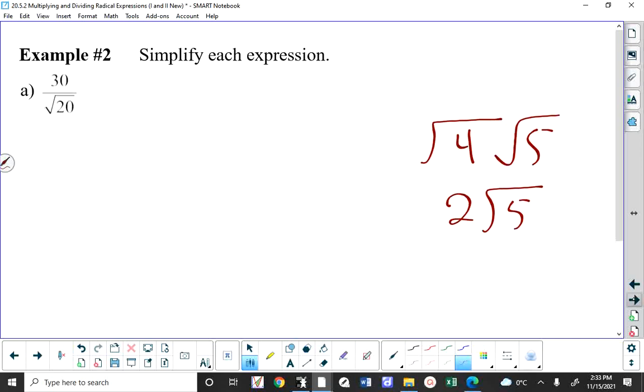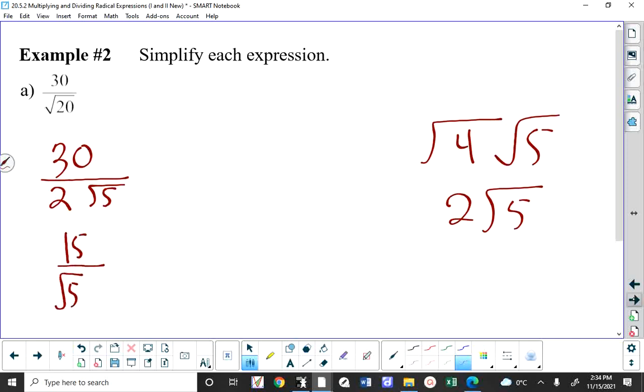So this becomes 30 over 2 root 5. Hey, wait a minute. Is 30 a coefficient in this expression? Is 2 a coefficient? So we can divide 30 over 2. It's 15. So now we're at 15 over root 5.